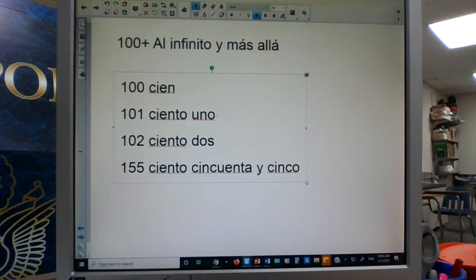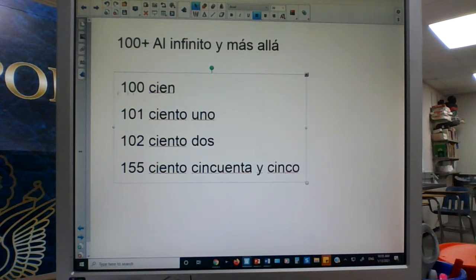Okay, so in Spanish, that's where we put the y in between the tens part. In English we say 155. In Spanish we say like 150 and 5. Okay, so it's a little different, but English has been a little bit different compared to the rest of the languages. So in Spanish, ciento is 100.